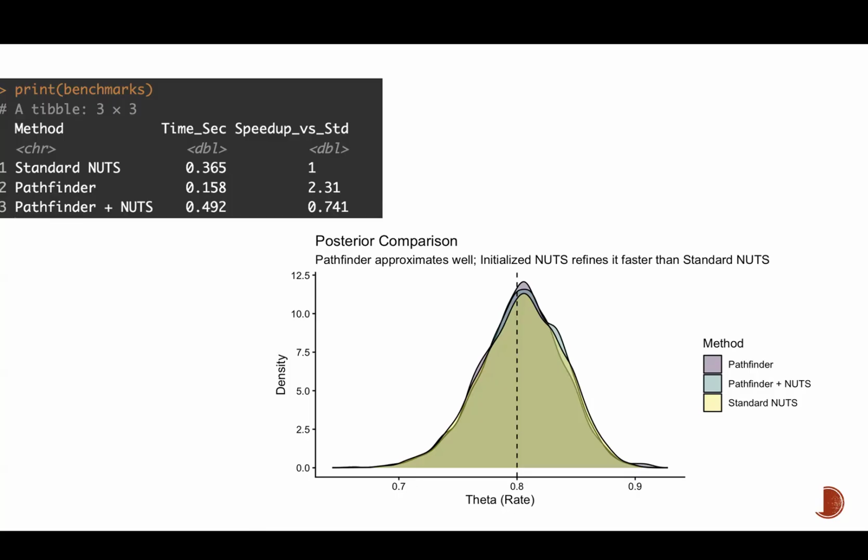So you never know whether it's good enough. But it's very good to test whether your model is working and to find some initial values. Or, if your model is too complex, then you might try with Pathfinder. You shouldn't trust it too much, but it can give you some ideas of where the probable region is and check whether there are specific issues there with the MCMC and so on and so forth.